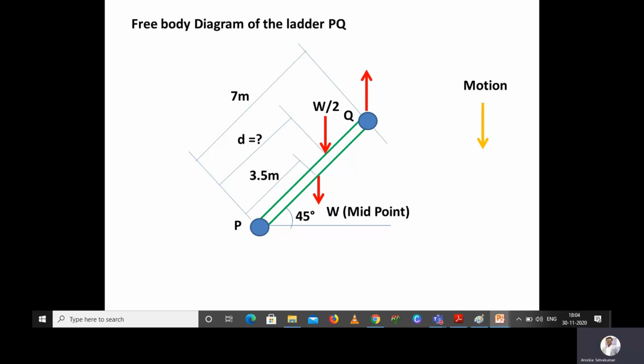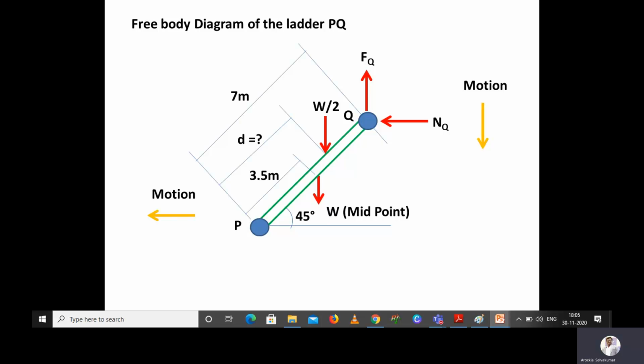Obviously at point Q we will have a frictional force, Fq. Next, we will have the normal reaction at point Q, because of the ladder and the vertical wall. Now at point P, between the floor and the ladder, because the ladder is moving down, the ladder will move towards the left.